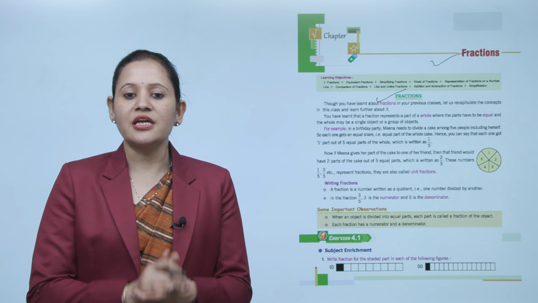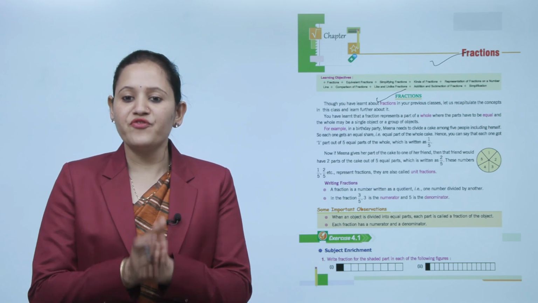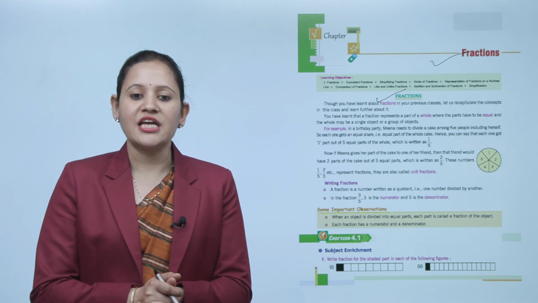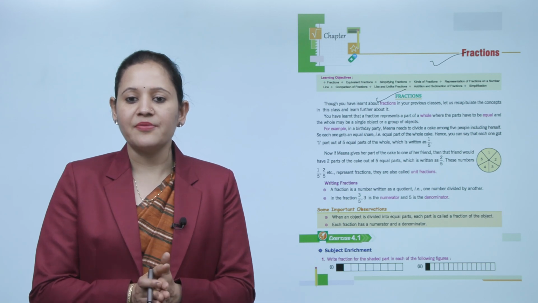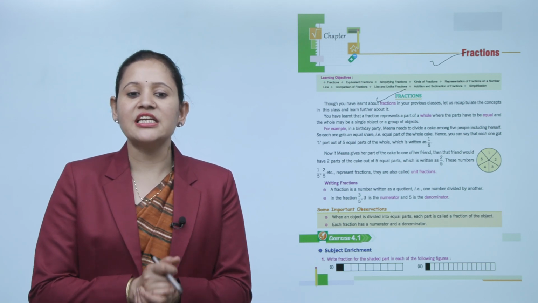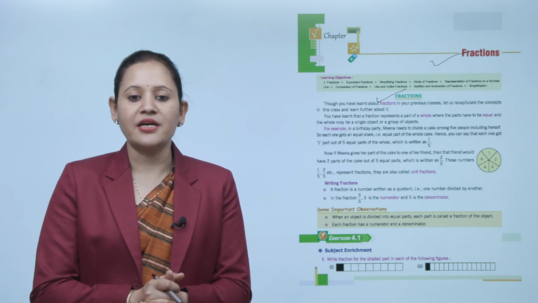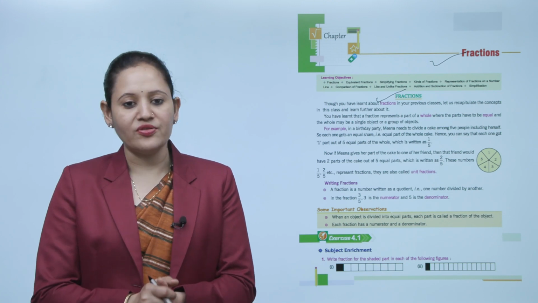For example, at a birthday party, Meera needs to divide a cake among 5 people, including herself. So each one gets an equal share, an equal part of the whole cake. Hence, each one will get one part out of 5 equal parts of the whole, which is written as 1 by 5.